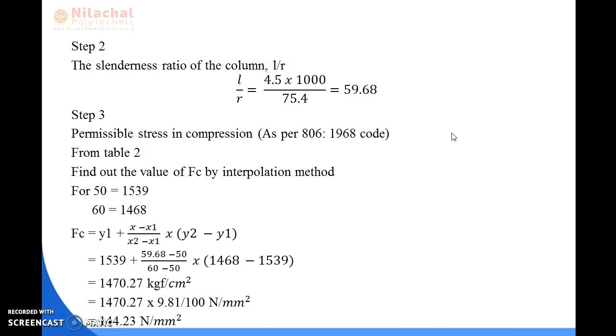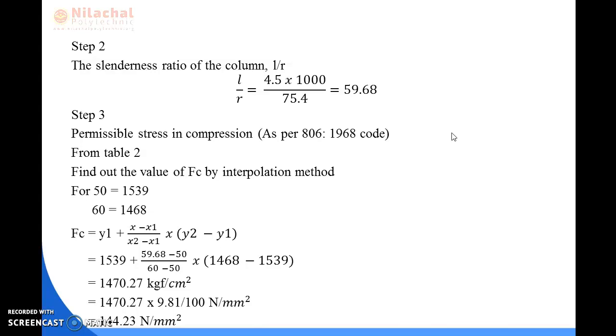So here L by R is equal to 4.5 into 1000 mm divided by the radius of gyration from the steel table, 75.4. By calculating this value, we find the slenderness ratio as 59.68.